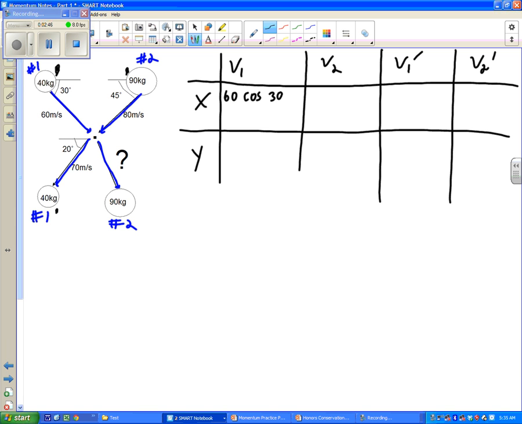And the y part would be 60 sine 30. For the second velocity vector, once again, that's this guy right here, we have 80 cosine 45. And for the y part is our sine.